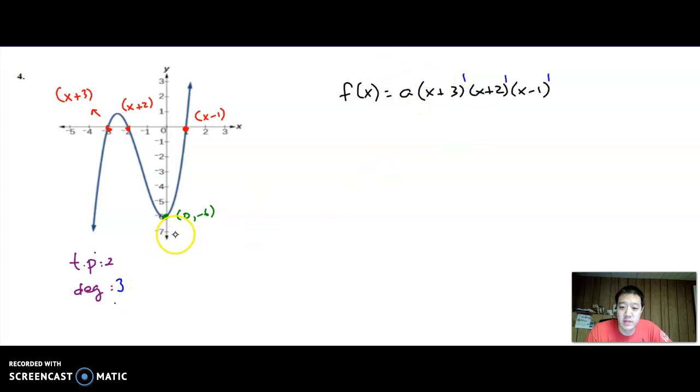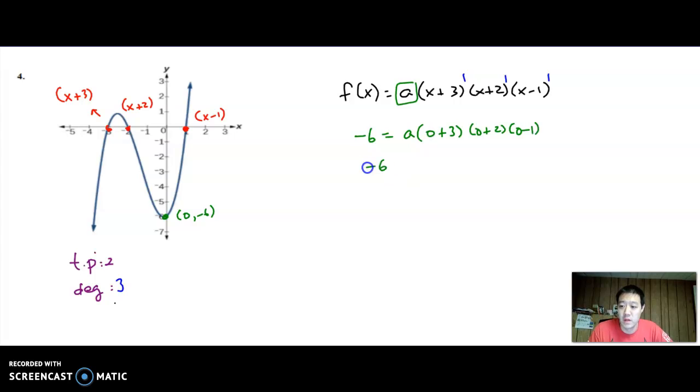I've got a y-intercept at 0, negative 6. So that means when I plug in 0 for x, the y value is negative 6. And remember, we need to figure out the a value. So I'm going to do negative 6 is equal to a times 0 plus 3, 0 plus 2, 0 minus 1.